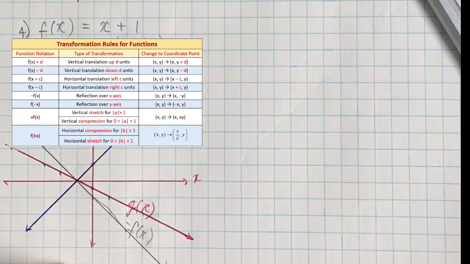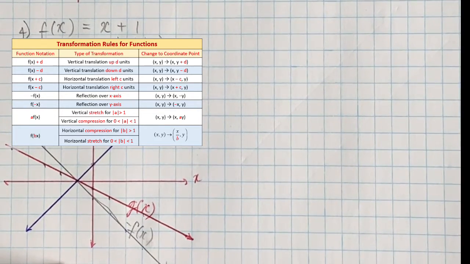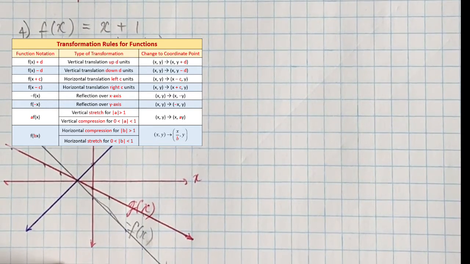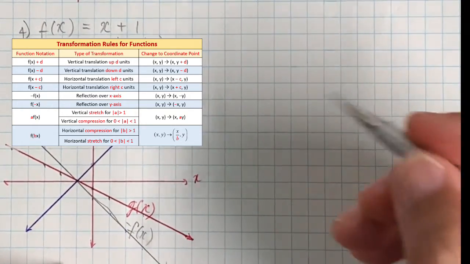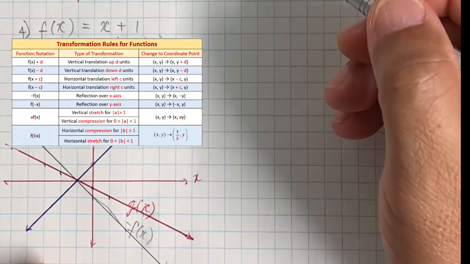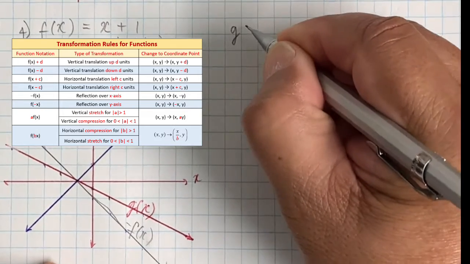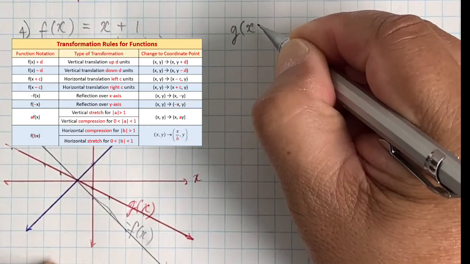All right, again. They say, Mr. Liu, what if I forget the table? What can I do? Well, then you can use this method, all right? Or if you want to check your work, you can also use this method to make sure that you use the concept correctly, all right?